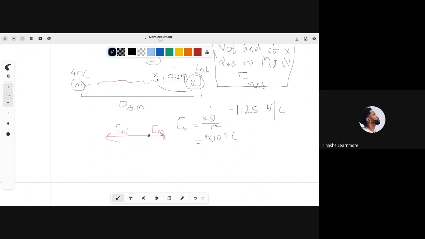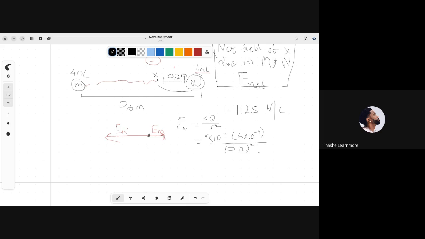And then the Q being 6 times 10 to the negative 9 in this case because it is in nanocoulombs. And then this is over R squared, the distance. This is just going to be 0.2, there's no need to convert that because it's already in meters, and I have the square there. Then we let the calculator do the work.